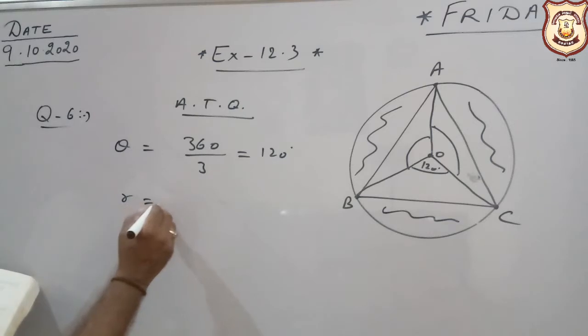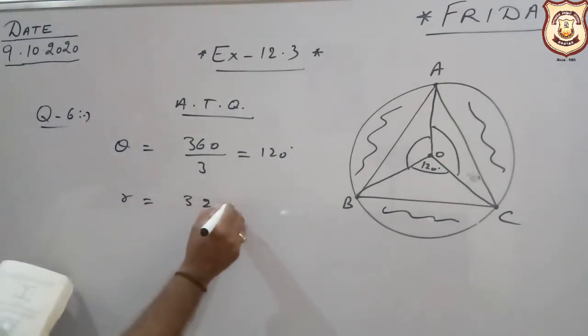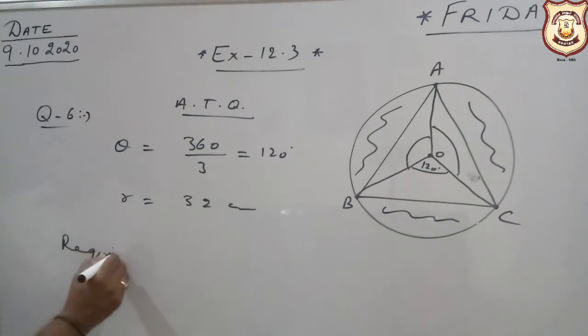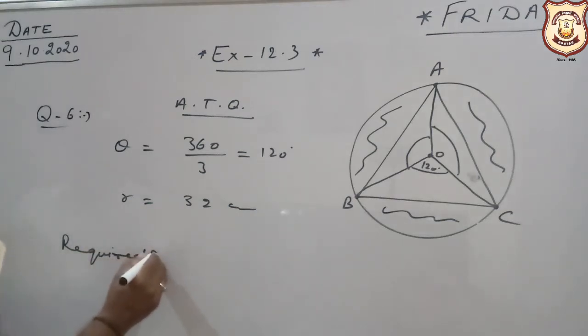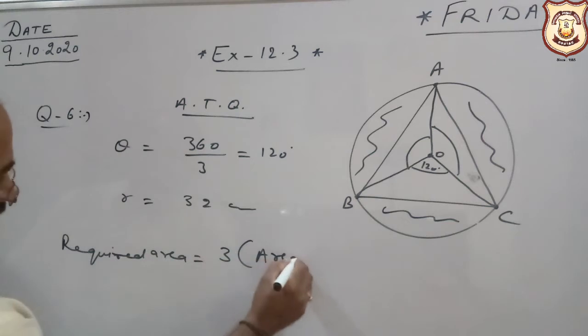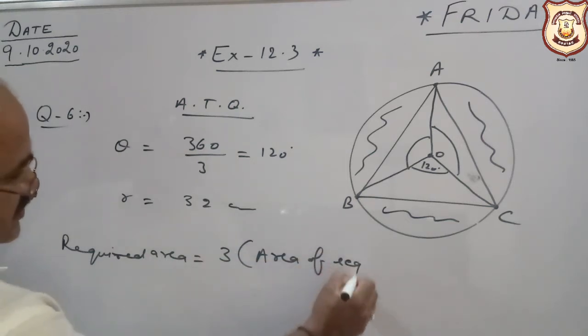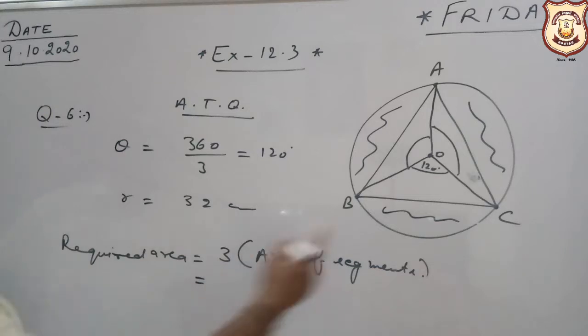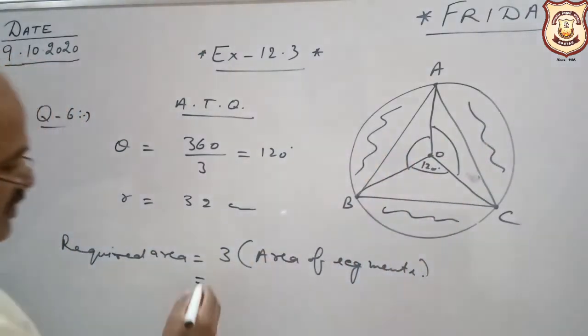Radius is given, 32 centimeter. Required area equals 3 into area of segments, because there are 3 designs.